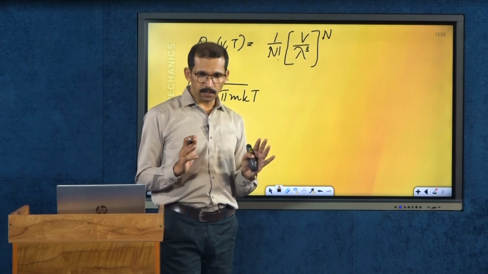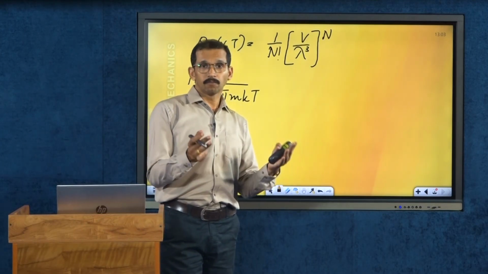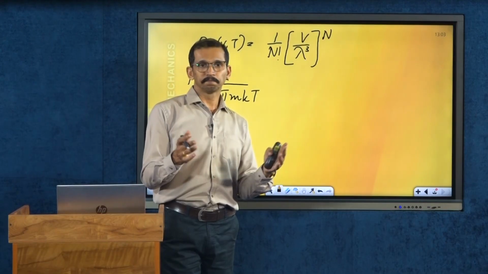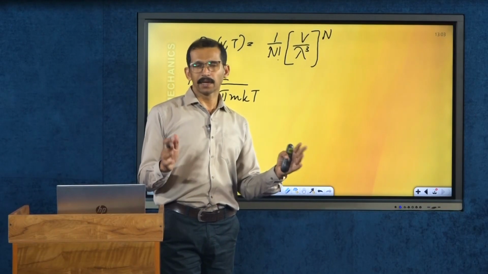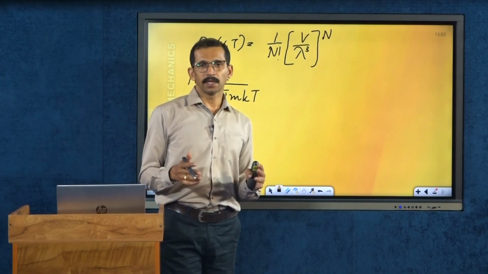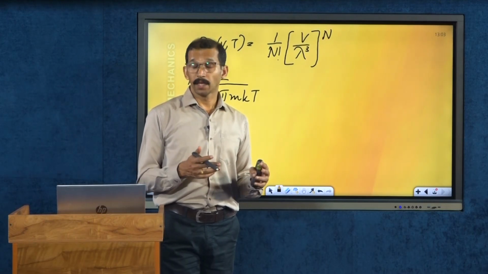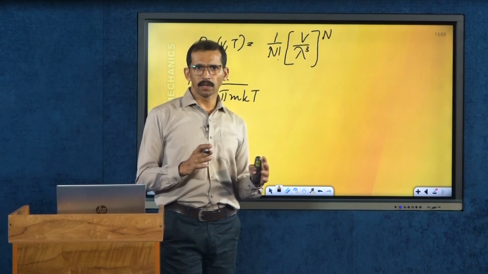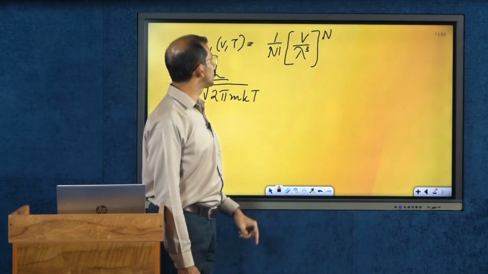If the distance between two particles is bigger than the de Broglie wavelength, we can generally classify that system as a classical system, and in the other case it is generally a quantum mechanical system. That is the significance of the de Broglie wavelength.